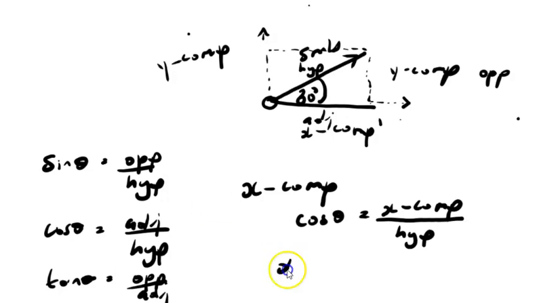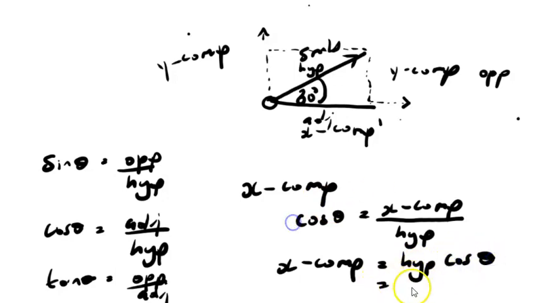So in order to get the x component, we end up with the equation of hypotenuse times cos theta. Or in this scenario, since we're talking about velocity, v cos theta.